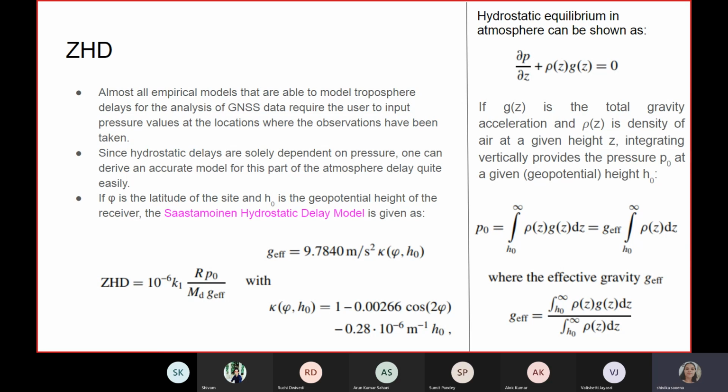So we are utilizing a phenomenon known as hydrostatic equilibrium inside the atmosphere, that gives us the relationship between gravity, pressure and density at a height. So to empirically model ZHD, we need the pressure value as an input at that site, as well as the location information at that site.